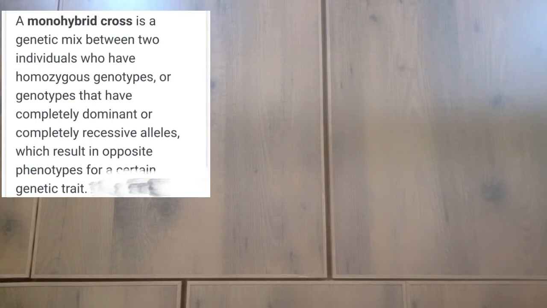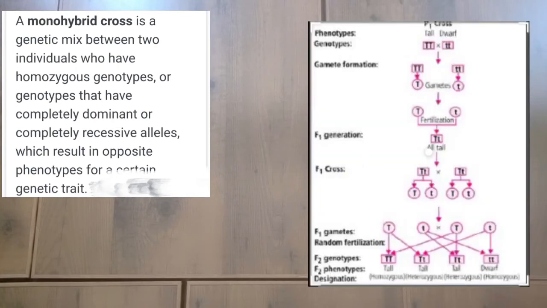Now let us find the explanation for a monohybrid cross. Let us imagine that we take 2 pure breeding parents, that is capital T and small t. These are the parental plants and both are pure breeding, or we can say both are homozygous.